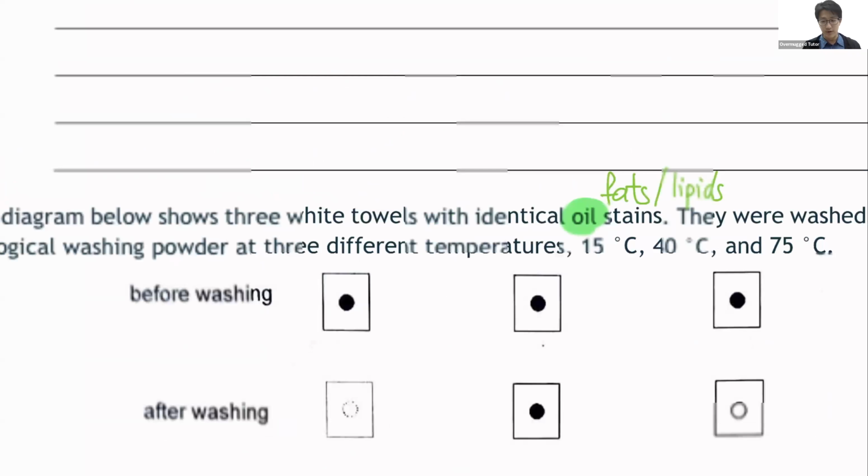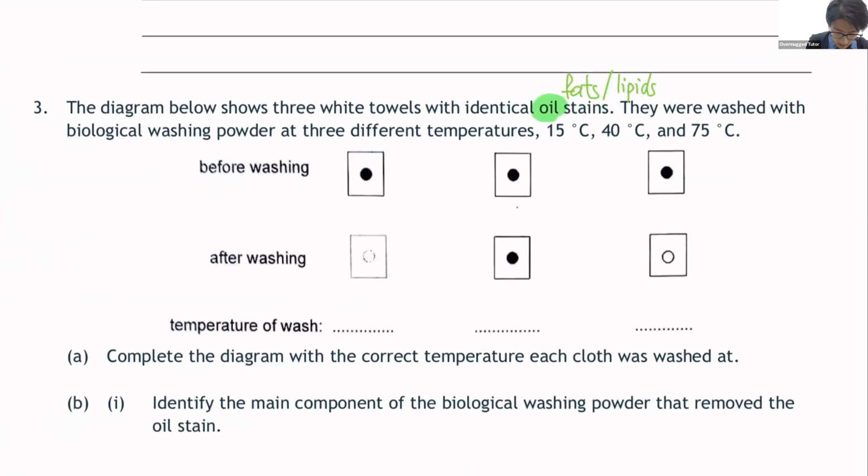Next up, I have biological washing powder. What would the washing powder contain that would allow me to say it is biological washing powder? Keep it in mind, I'm using it to wash away oil stains, and this thing is also sensitive to temperatures. What would this biological thing be?